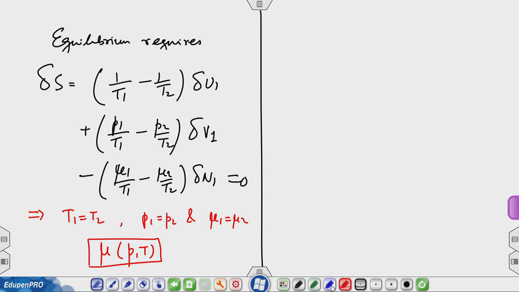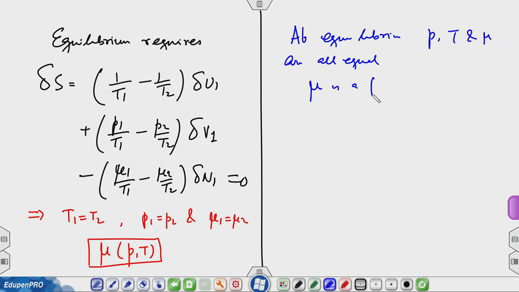So this means that at equilibrium, P, T, and mu are all equal. And since mu is a function of P and T, mu1 equals mu2 implies P1 equals P2 and T1 equals T2.